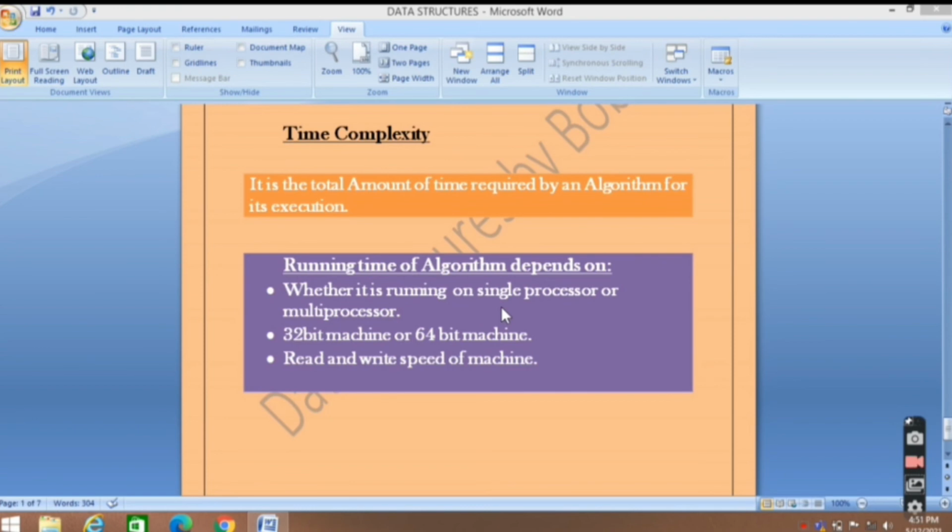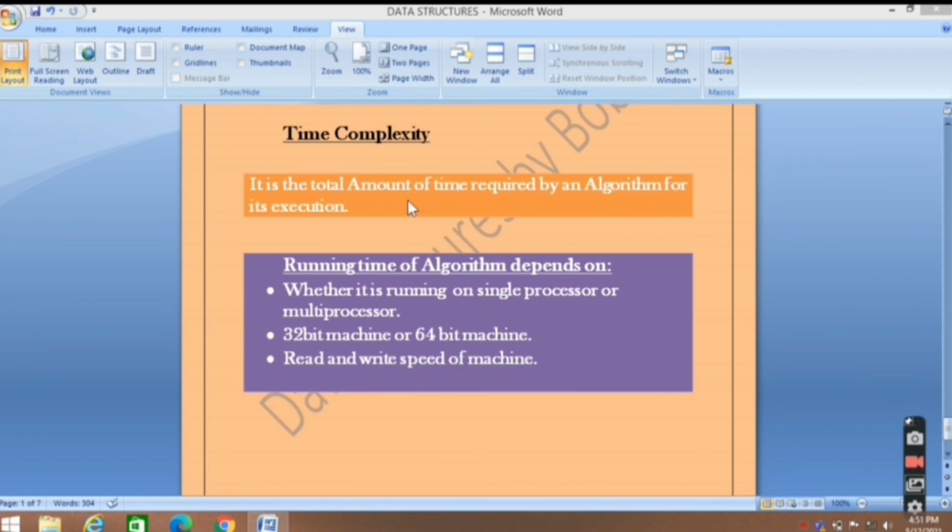So we can say that the algorithm running time depends on this. And also the second thing is 32-bit machine or 64-bit machine. We know the 32-bit machine can process only 32 bits at a time. So this also takes part in the running time of the algorithm. And the last thing is the read and write speed of a machine.